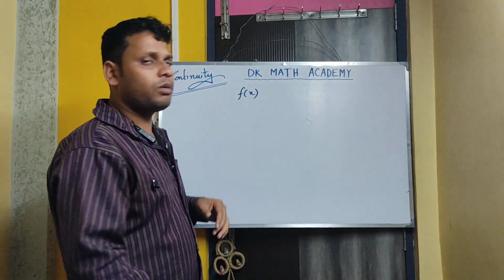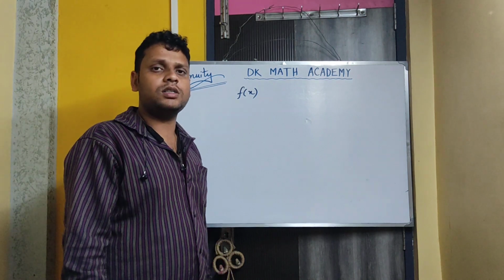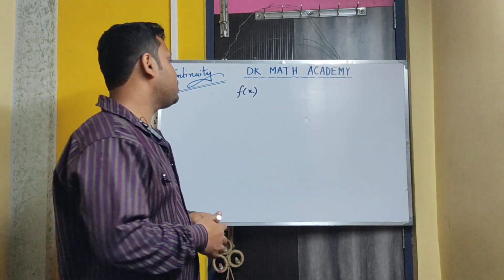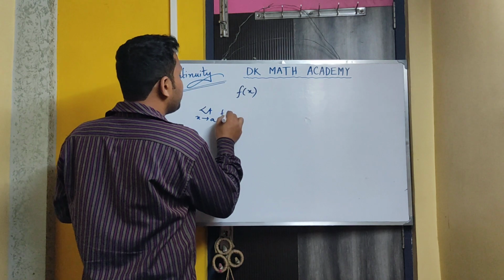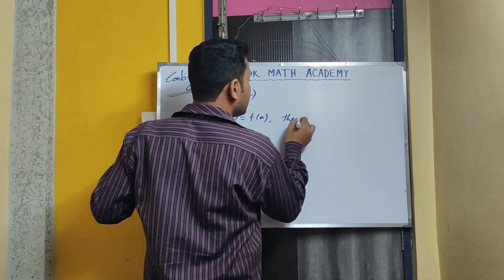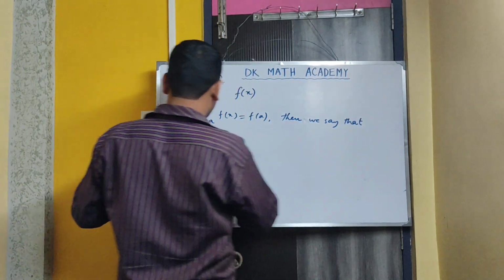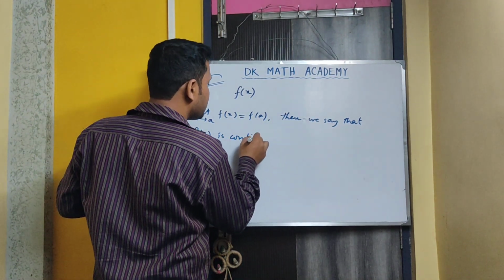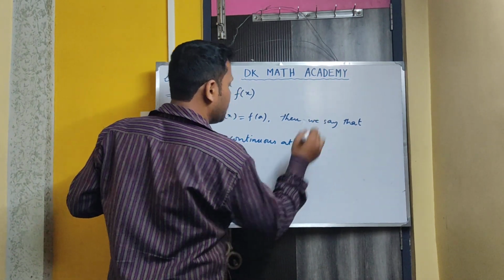But in mathematical terms, continuity of a function f(x) at a point x equals a means that if the limit as x tends to a of f(x) equals f(a), then we say that f(x) is continuous at the point x equals a.